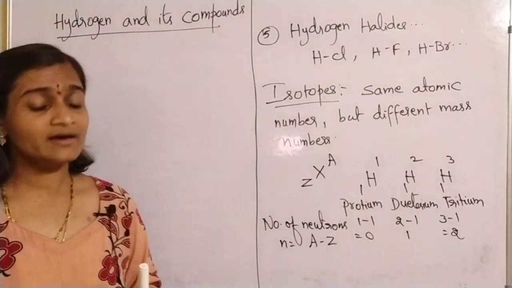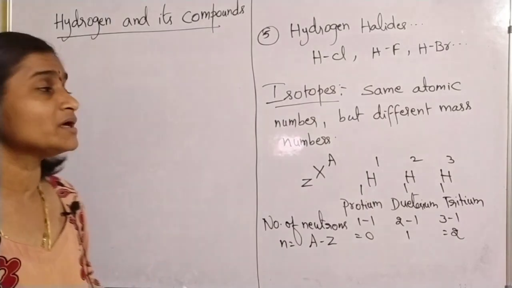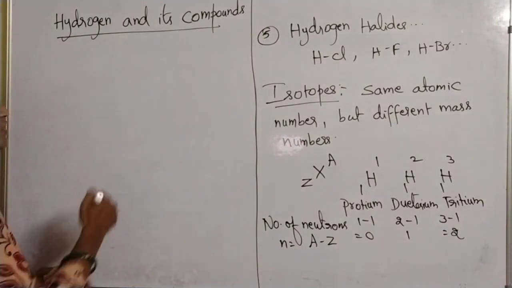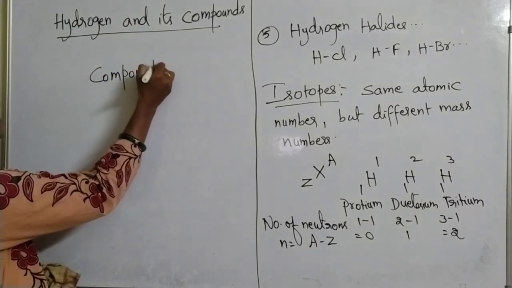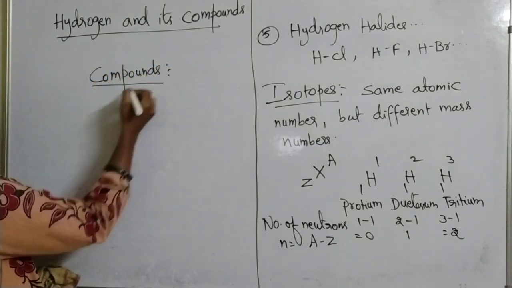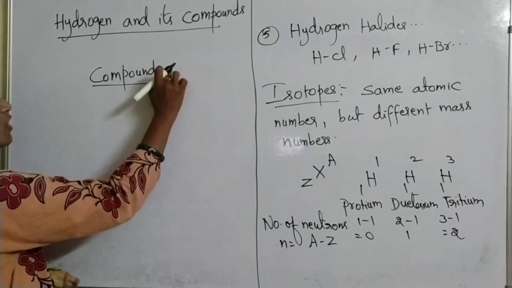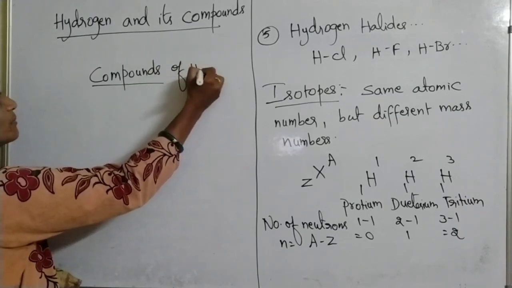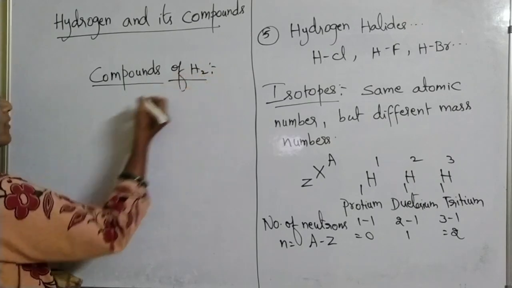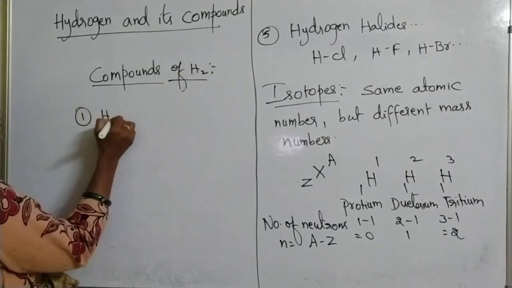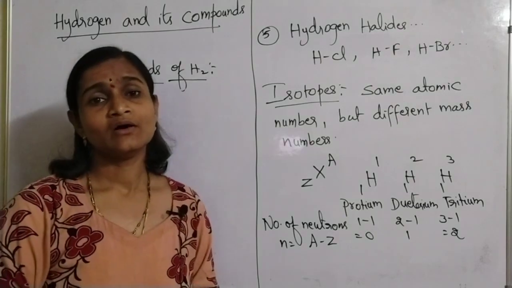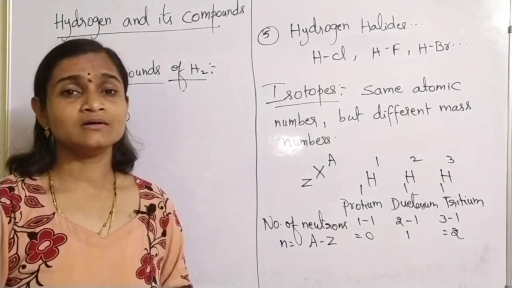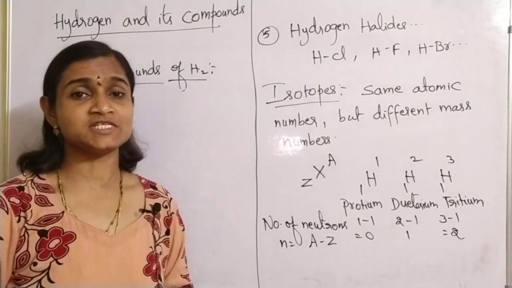And in this chapter, if you go for the compounds of hydrogen, the main compound which you will come across is water, H2O, the most abundantly used substance.